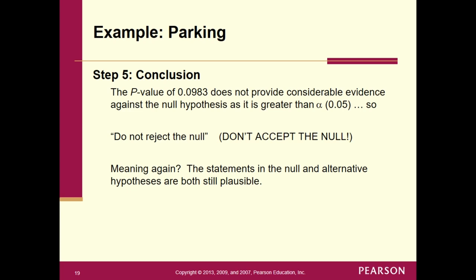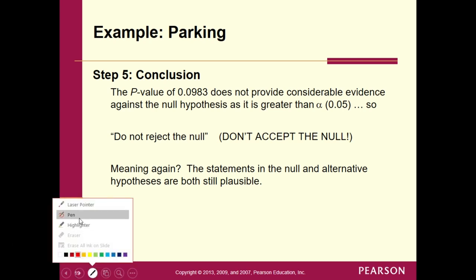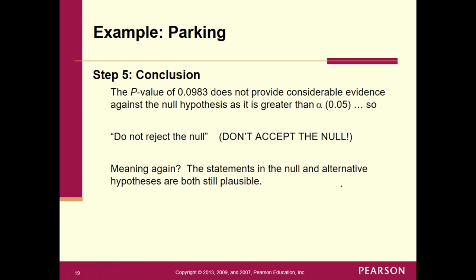Meaning again, the statements in the null and the alternative hypothesis are both still plausible. So that's why we don't accept the null hypothesis, because the alternative is also a possibility. The null is a possibility, but guess what? So is the alternative. That's why we don't accept that null.